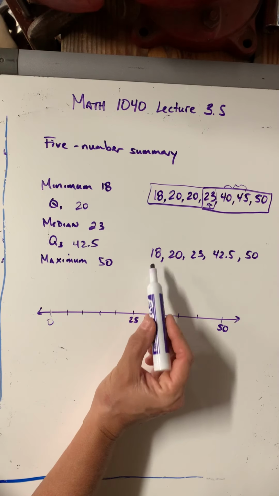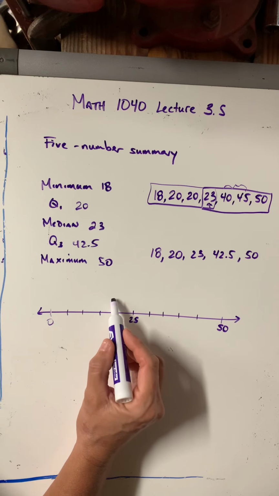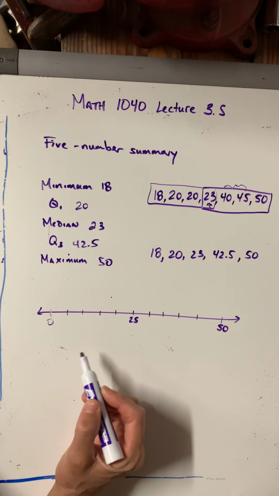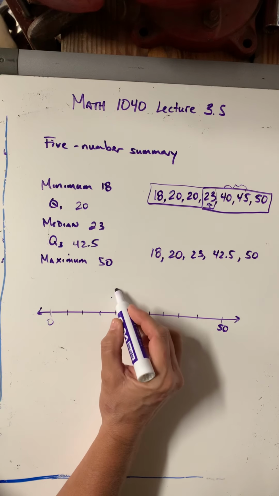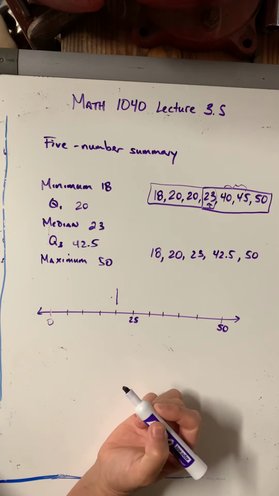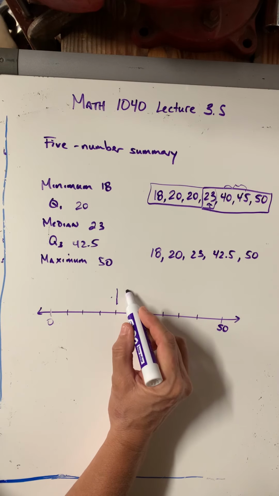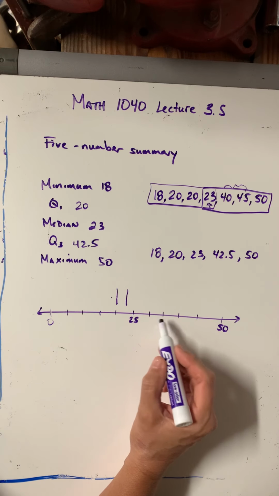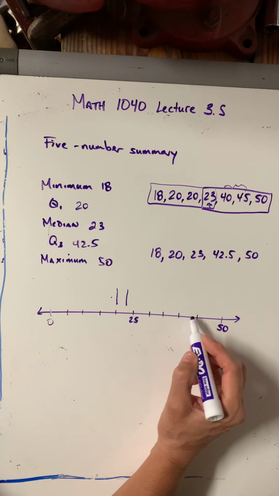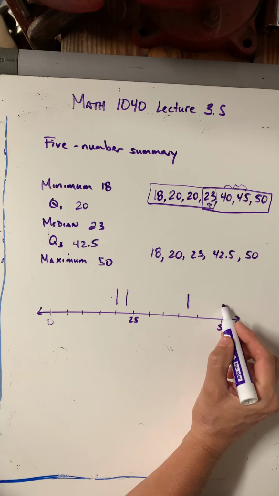So what we would do is we would start at the 18, 5, 10, 15. So 18 would be somewhere around here. The 20 would be right here, and I'm going to draw a line where the 20 is. The 23 is my median, so I'm also going to draw a line there. The 42.5, so 30, 35, 40, 45, so it would be somewhere in here. And then the 50, I'm going to put a dot.